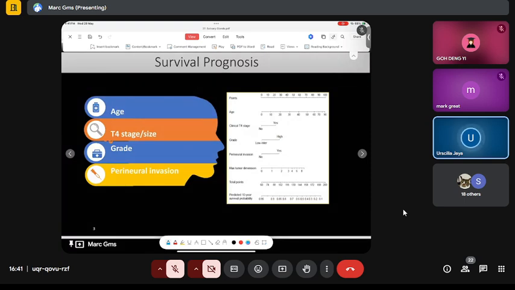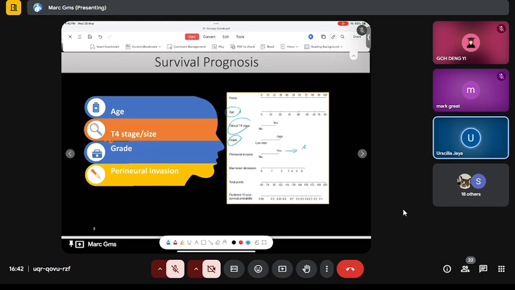Okay. So survival prognosis depends on age, the staging of the tumor, whether it is high grade or low grade, the size, whether there is nodal involvement or not, and also perineural invasion. The commonest tumor in a salivary gland which has perineural invasion would be adenoid cystic.